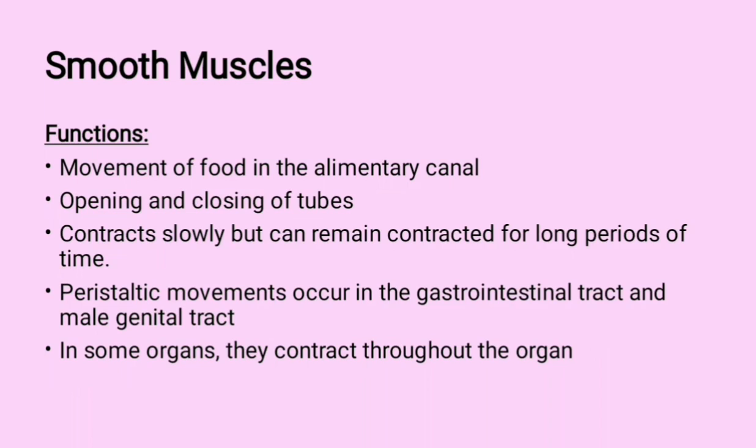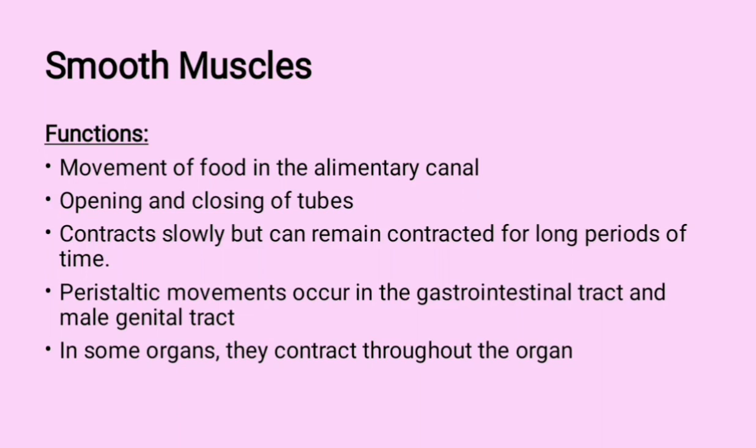Now let's see the functions of the smooth muscles. Since they do not work according to our will, they are also called involuntary muscles. Movement of food in the alimentary canal, opening and closing of tubes are all involuntary movements and hence controlled by these muscles. Smooth muscles contract slowly but can remain contracted for a long period of time, unlike these striated muscles. Due to this, smooth muscles cause the characteristic peristaltic movements in the tubes.